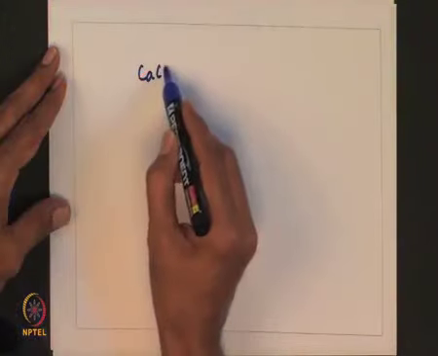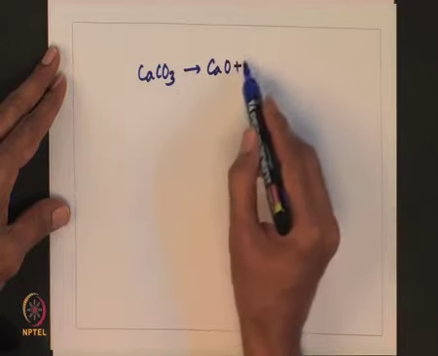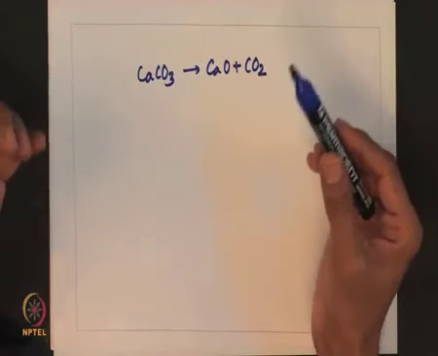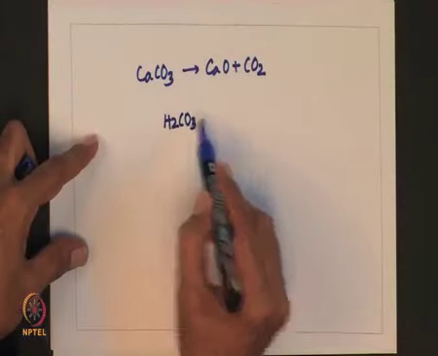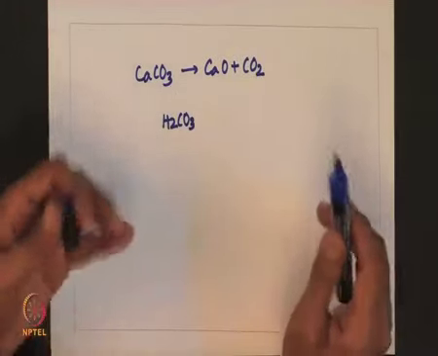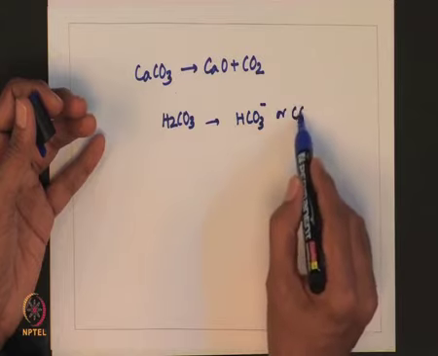In the laboratory, one can conveniently prepare it by heating calcium carbonate. This gives calcium oxide and CO2 is liberated. CO2 is soluble in water mostly as dissolved carbon dioxide molecules, but a small amount of CO2 is hydrated to give carbonic acid, H2CO3, and this is a weak acid that partly dissociates to hydrogen carbonate, HCO3-, or carbonate, CO3 2-.